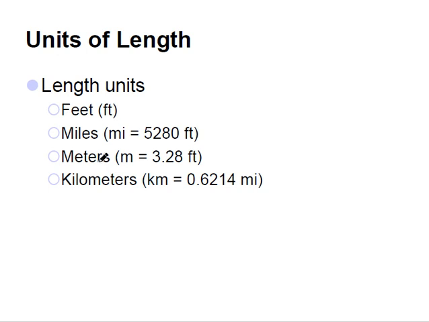And your meters and kilometers are the metric system. The symbols are: feet, FT; miles, MI, which is 5,280 feet. Then we have meters, little m, which we also use for mass, the same. The meter is 3.28 feet. Kilometers, km, is 0.6214 miles.